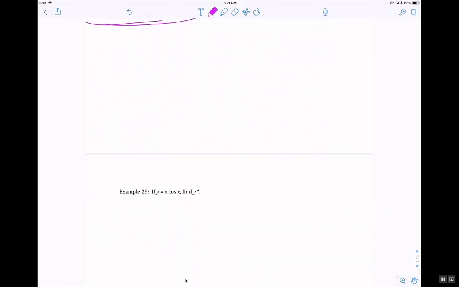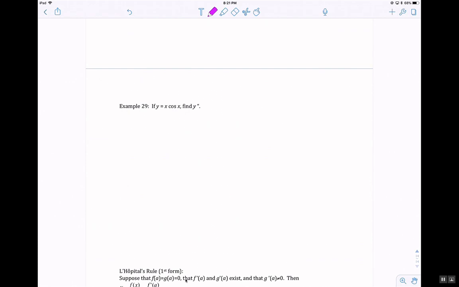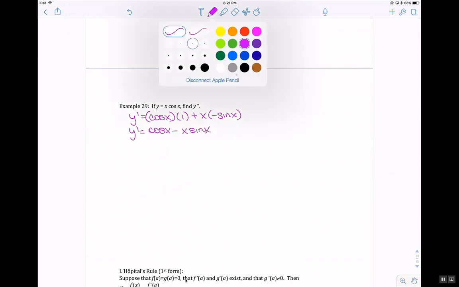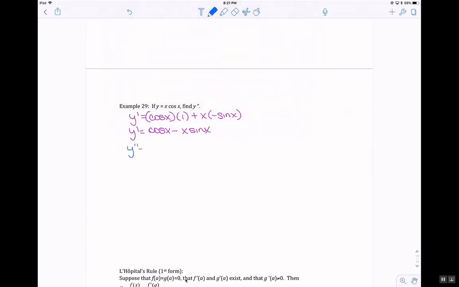So example 29, find the second derivative, so y double prime. So first let's find y prime. Product rule: the second, which is cosine of x, times the derivative of the first, plus the first times the derivative of the second. So y prime is cosine of x minus x sine of x. Take the derivative one more time, so y double prime. Cosine derivative is negative sine.